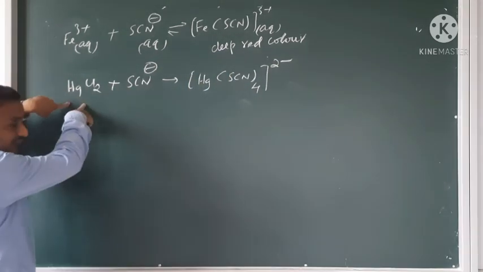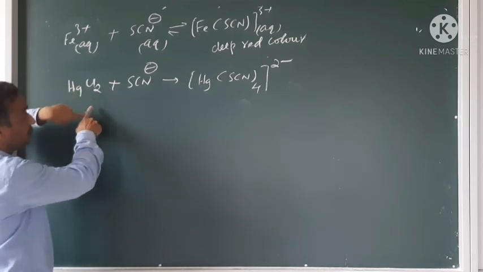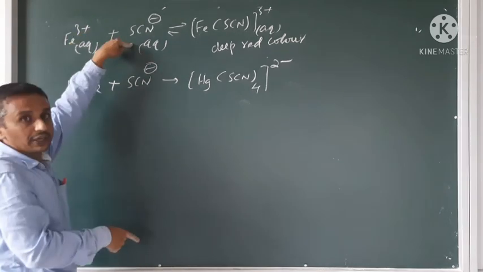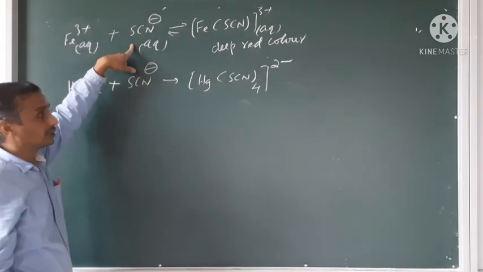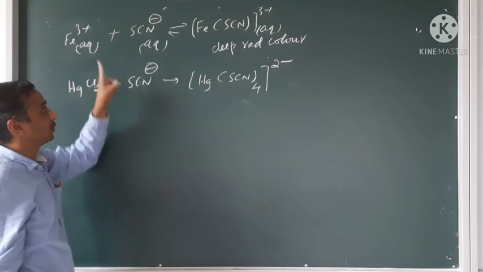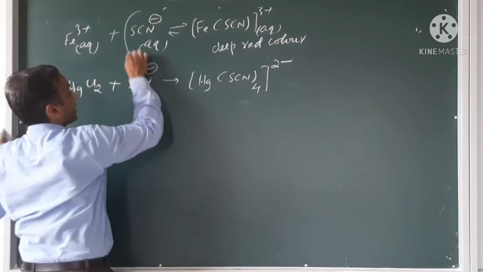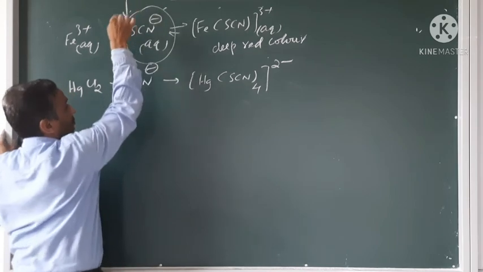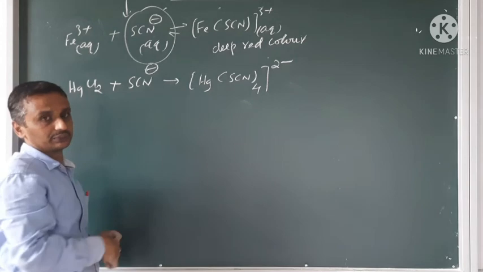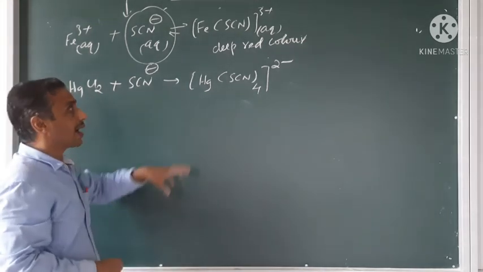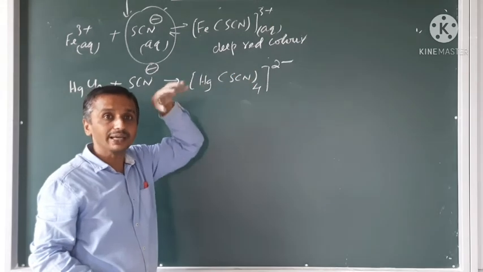As we added HgCl2, one of the reactants is going to be decreased, because this reactant is used for the reaction with HgCl2. As this is decreased, the reaction is favored in the backward direction. When the backward reaction is favored, the deep red color is going to be diminished.